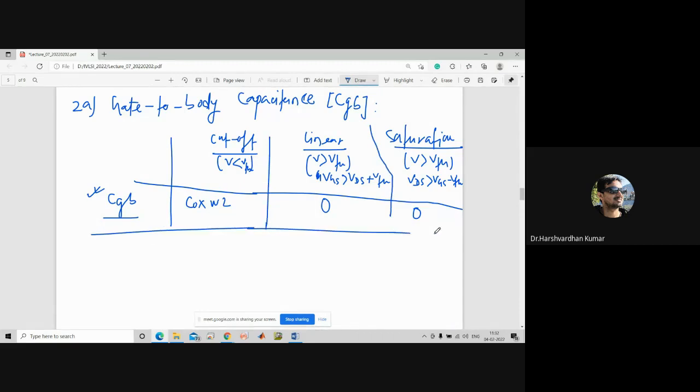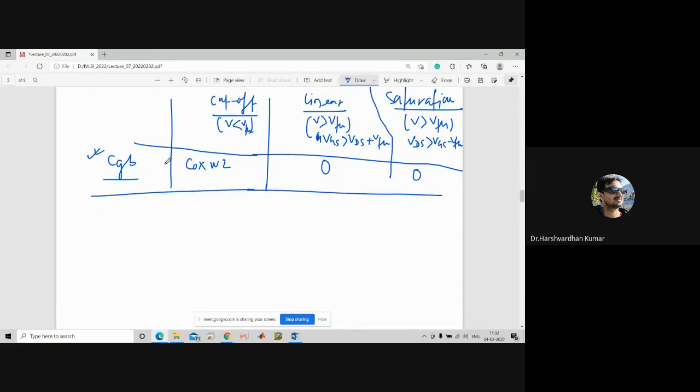So now we will move to the gate to channel, that is the gate to channel capacitance, C_GC.